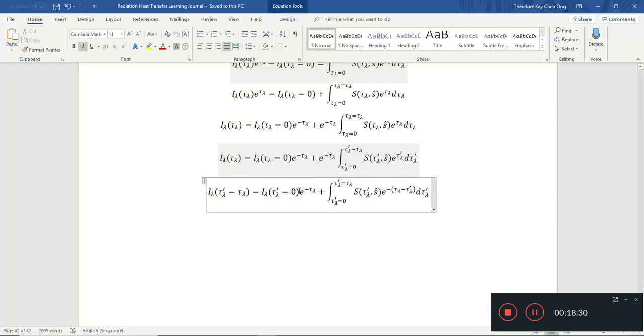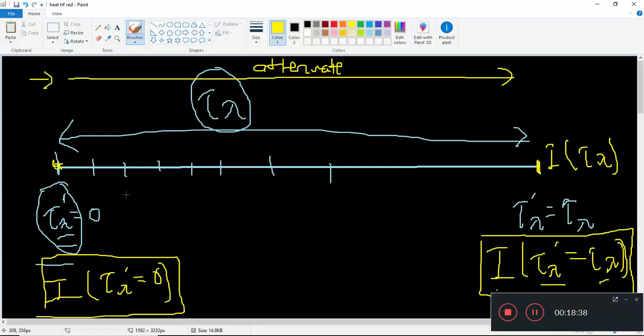There's some initial intensity, and it's going to attenuate according to the optical thickness tau lambda, because this initial radiation is going to travel through all this distance and get weakened by scattering or absorption or what have you. So there's going to be some attenuation or extinction of this initial radiation.